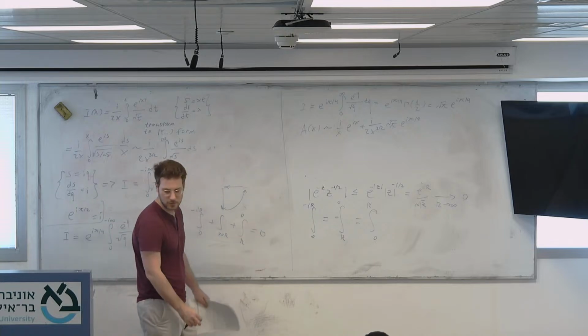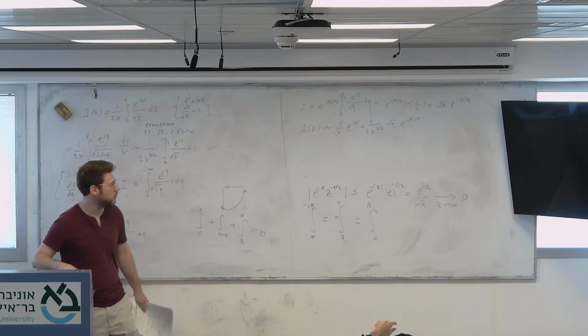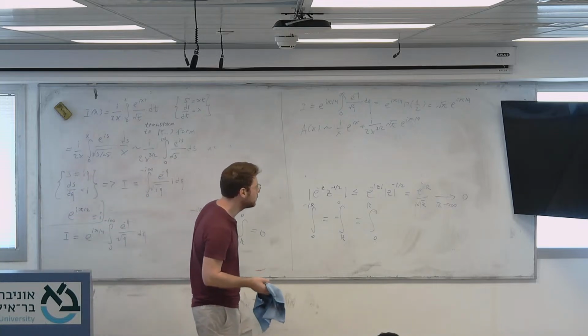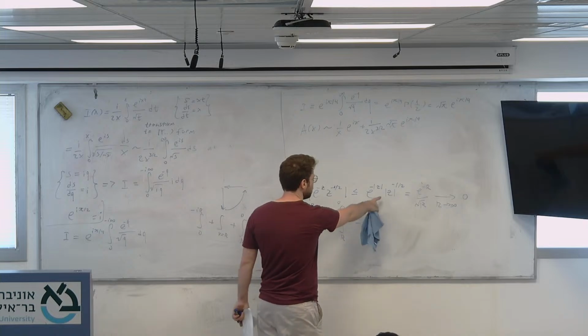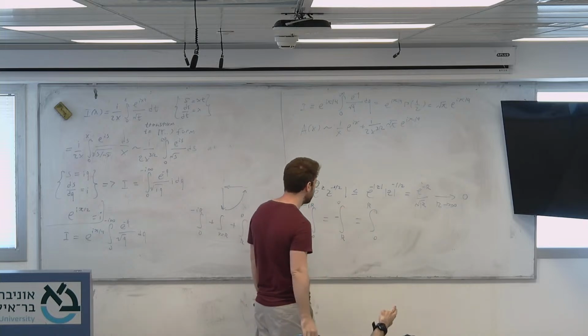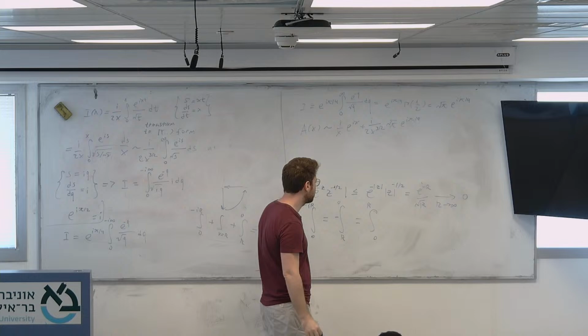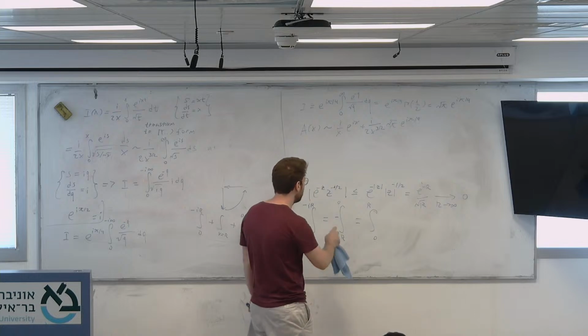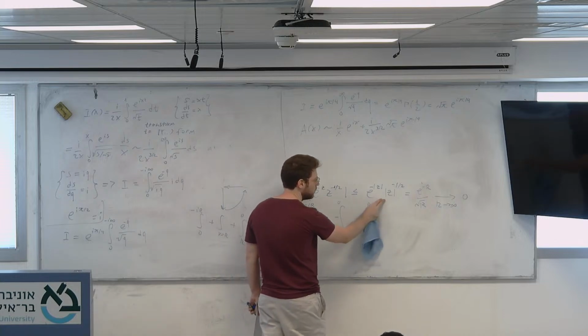בסדר, נסיים עכשיו. ולמה אמרת שערך מוחלט של E בחזקת מינוס Z זה E בחזקת מינוס ערך מוחלט של Z? This transition from here to here? כן, רק את זה.